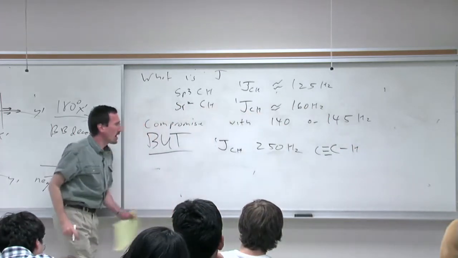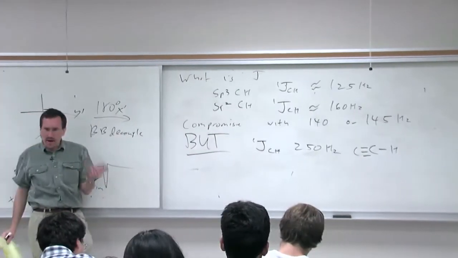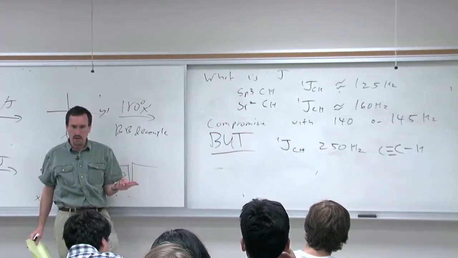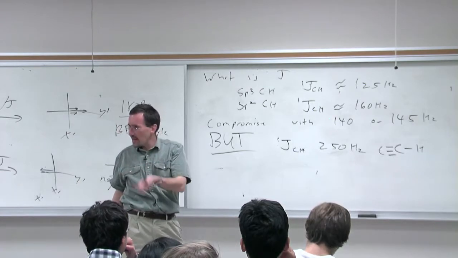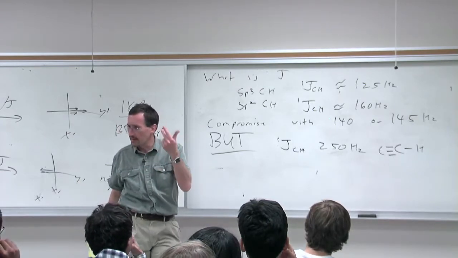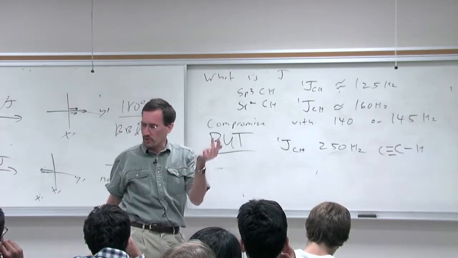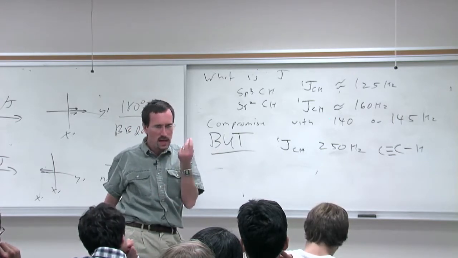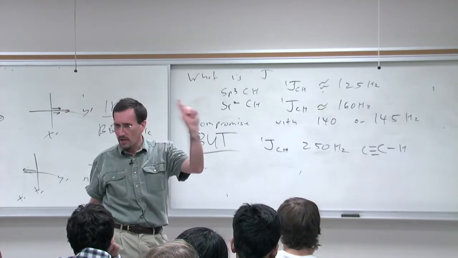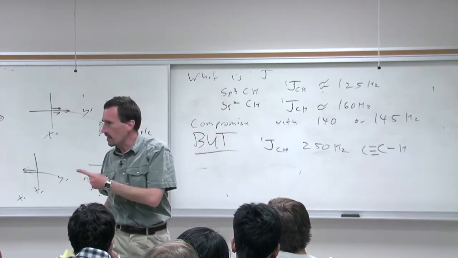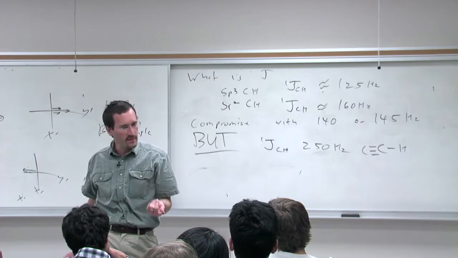And in an alkyne, you'll look and you say, wait a second, everything's going to be screwed up. Because while you're waiting your 125th of a second or 140th of a second, and your sp3 CHs and your sp2 CHs are doing exactly what you expect, your alkyne CH is zipping around and precessing twice as fast.